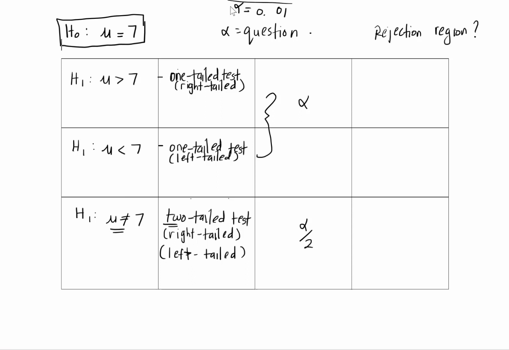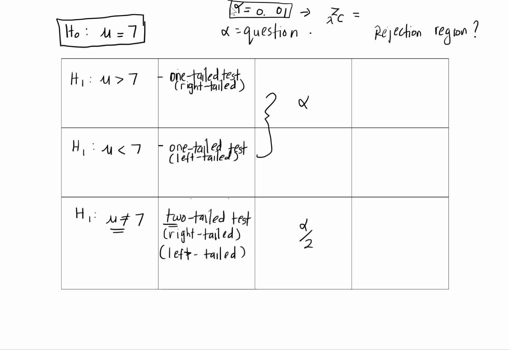From this alpha, we must get the critical value, ZC. So how do we get this? It comes from your table.